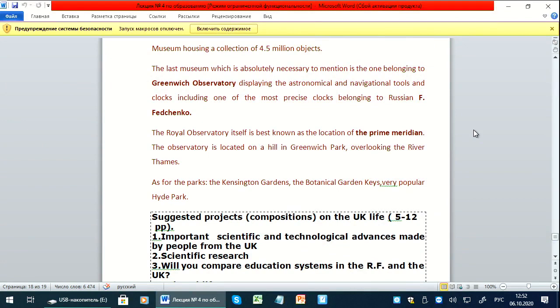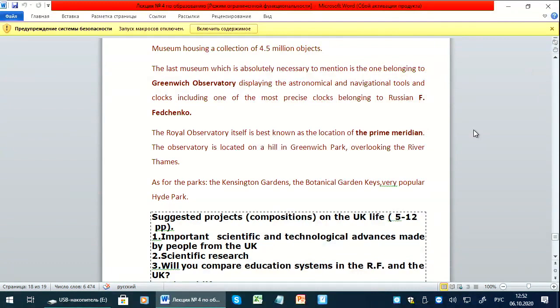These projects are supposed to contain from 5 to 12 pages, and don't forget to place the materials which you are going to use for your future projects. Okay? So, they are the following.